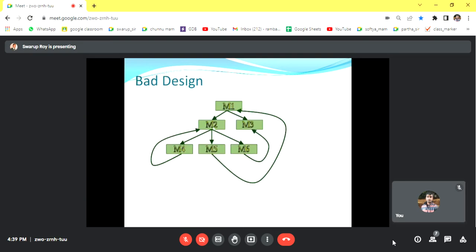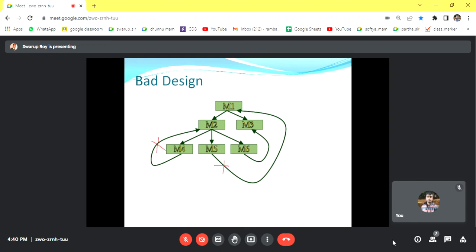You see here, M2 can call its immediate ones, M4, M5, M6, but M4 should not go back and call its superordinate. M2 is the superordinate here, because M2 is invoking M4, M5, and M6. It should not go back up the tree, so that is not going to be treated as a very good design.